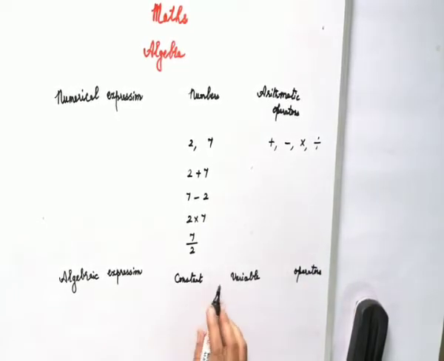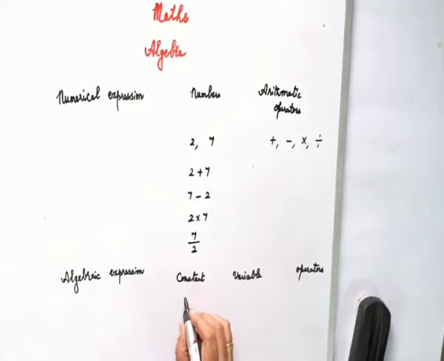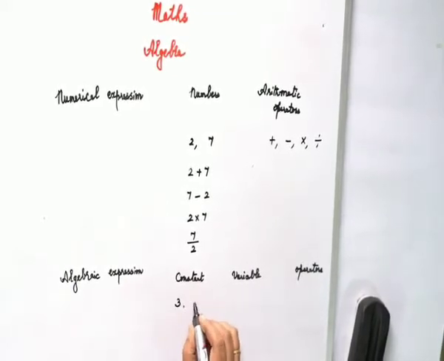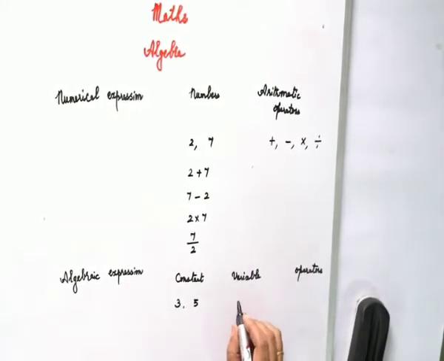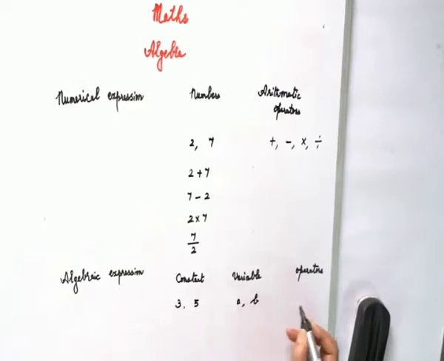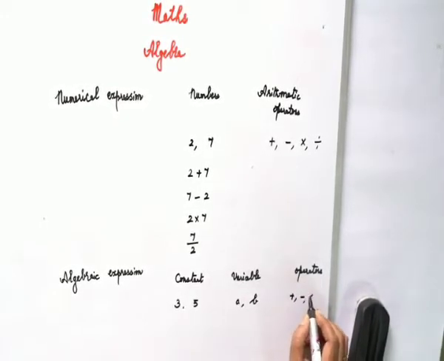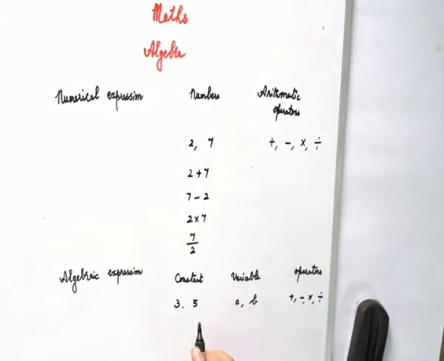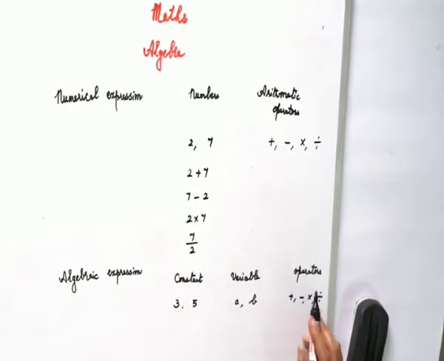Let me explain through an example. Take any constant like 3 and 5, any variable a, b, and which are the 4 operators? Plus, minus, into, divide. Now we are going to combine constant, variable using the operators.